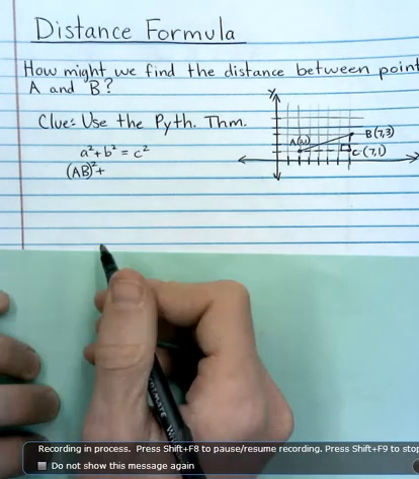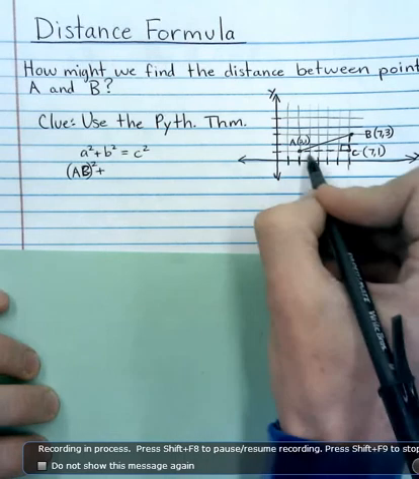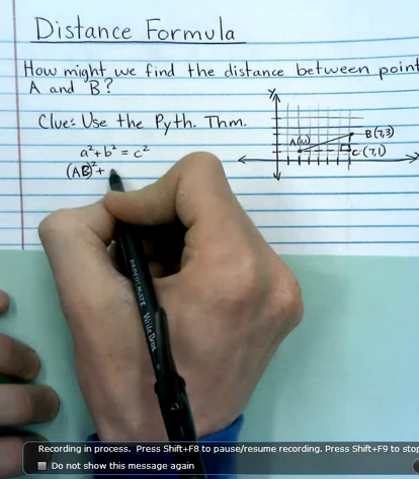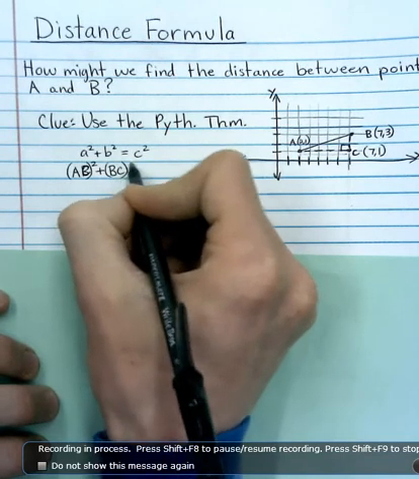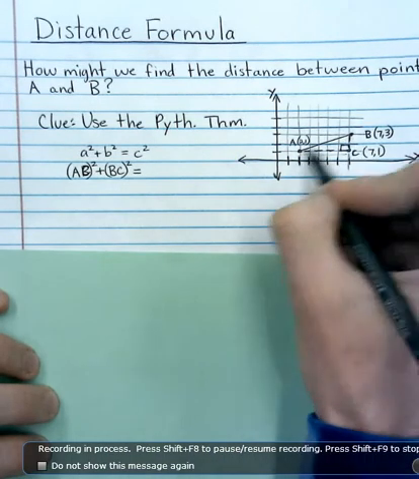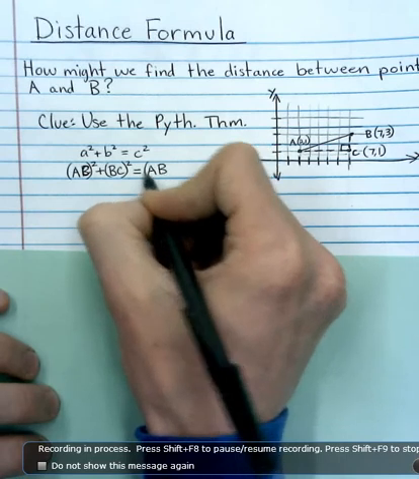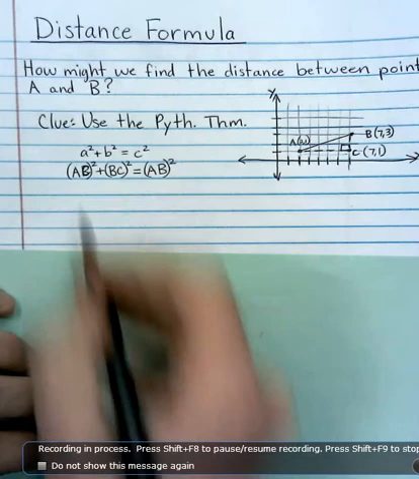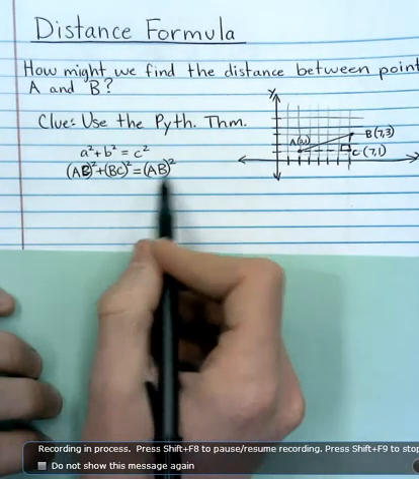That should be AC, because we're going to talk about this guy down here, plus BC. That means the length of BC squared is equal to, and this time you should use the hypotenuse, and that is AB. So now we've got AC squared plus BC squared equals AB squared.